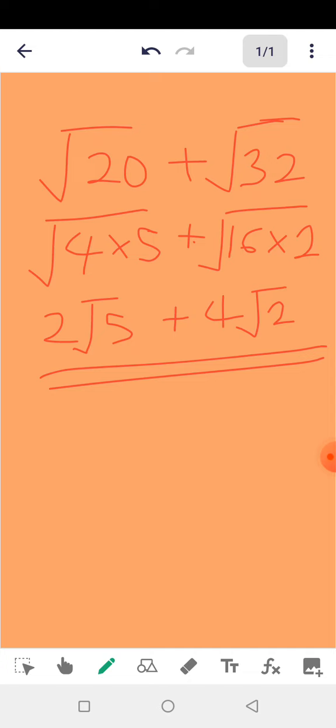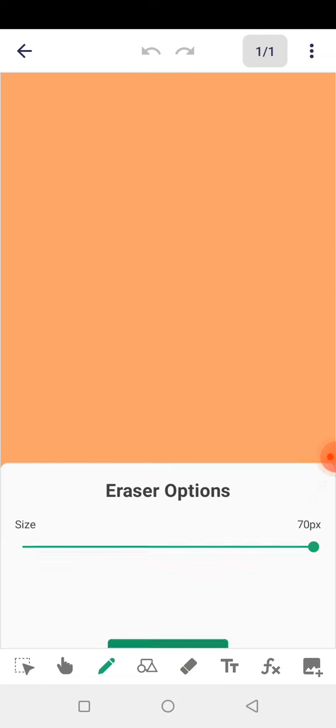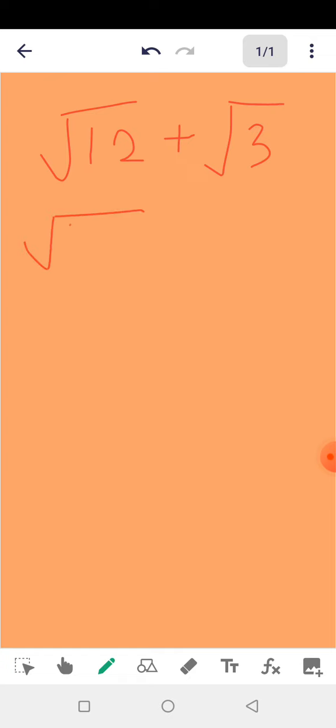Let me pick another example. If I have square root of 12 plus square root of 3. For this question, 12 can be written as square root of 4 times 3, plus square root of 3.